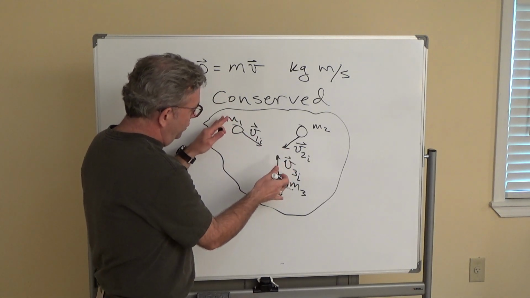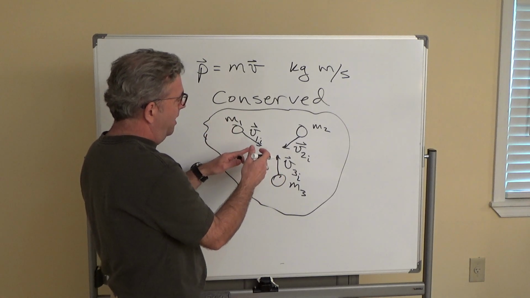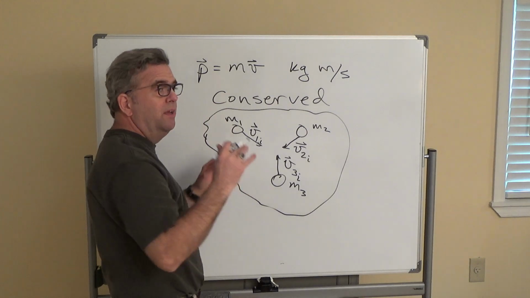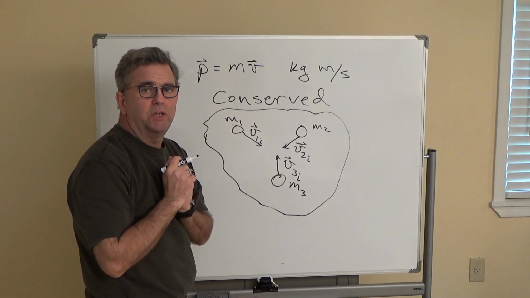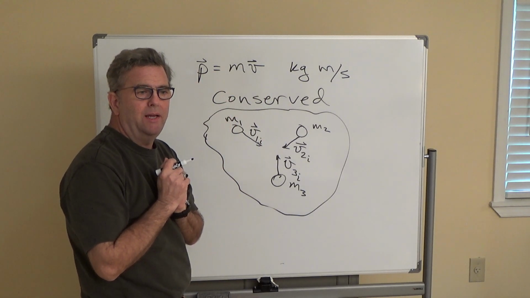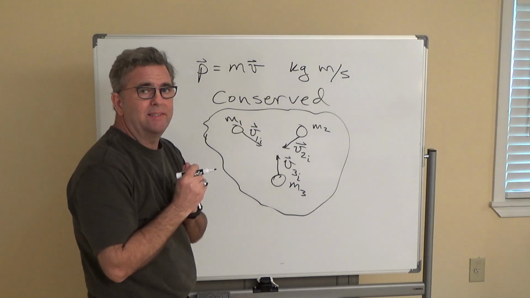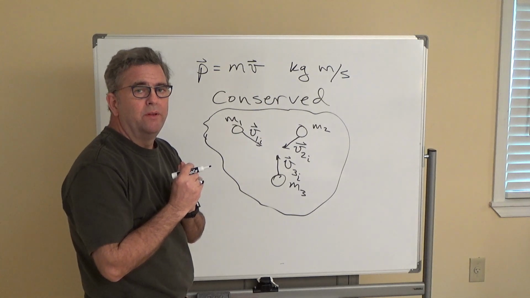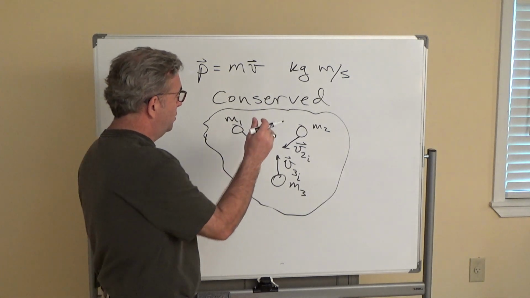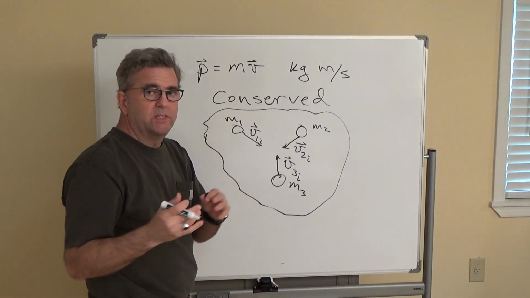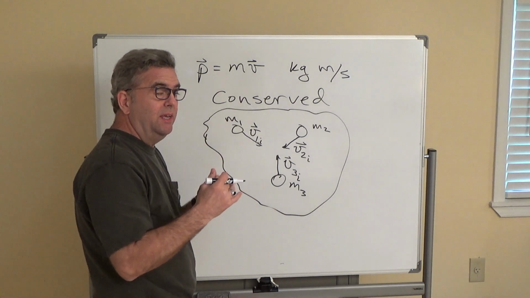So we take that initial snapshot, and then at some later time, maybe they bounce together, they've gone off, and we look at those three objects, you can be guaranteed that they will have the exact same momentum. In other words, the sum of the momenta in the beginning will equal the sum of the momenta at the end.